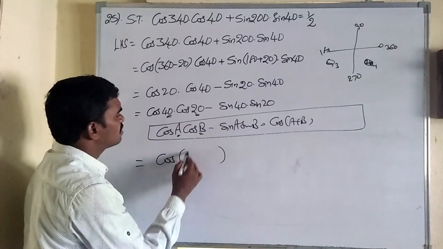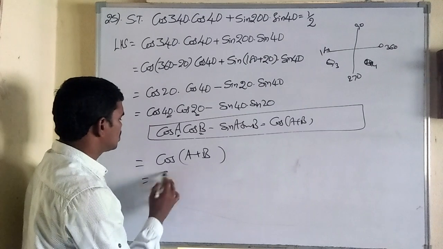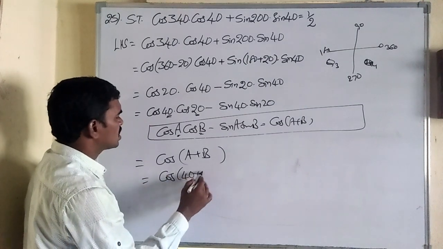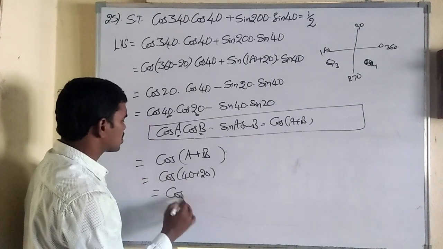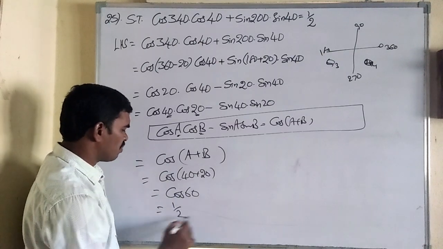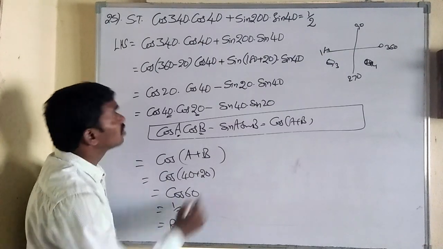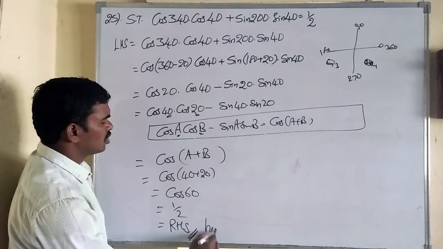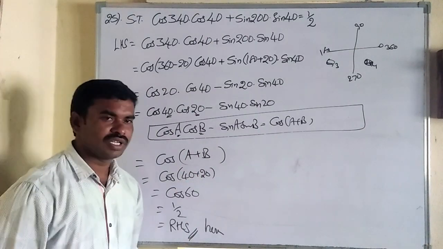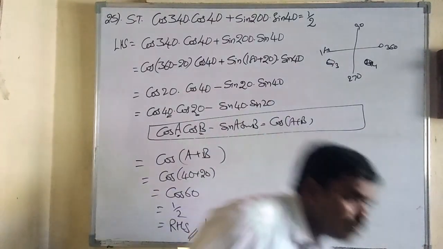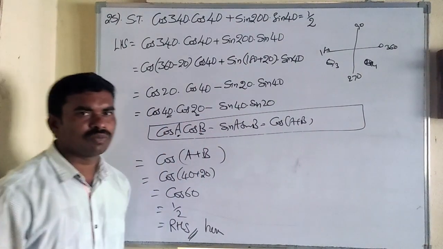So we apply the cos of A plus B formula, which gives cos of 40 plus 20, that is cos 60. What is the cos 60 value? 1 by 2. So RHS, got it? Yes, hence proved. So this is the solution. Is it clear? By doing the problems, you will get it easily, don't bother.